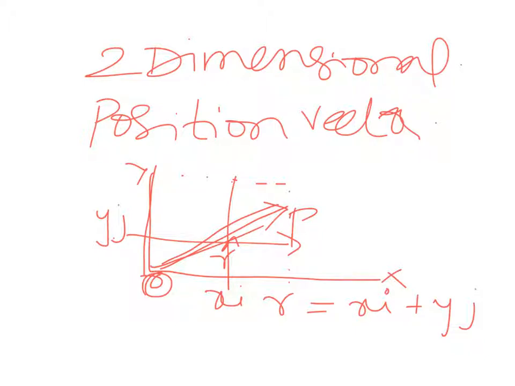Now, the direction of the position vector. Direction of a position vector R is given by an angle theta. Let's say the angle is theta.